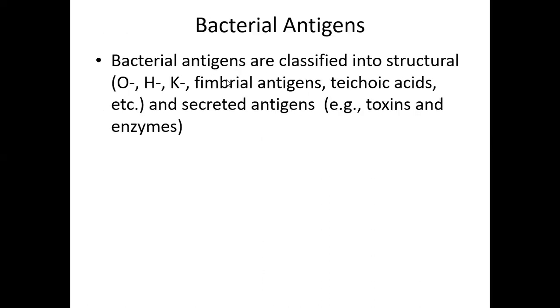Okay, bacterial antigens. Everything in bacteria can be antigenic, like the capsule, the flagella, some substances from the cell wall, O antigen, teichoic acid, and some secreted antigens like toxins and enzymes.